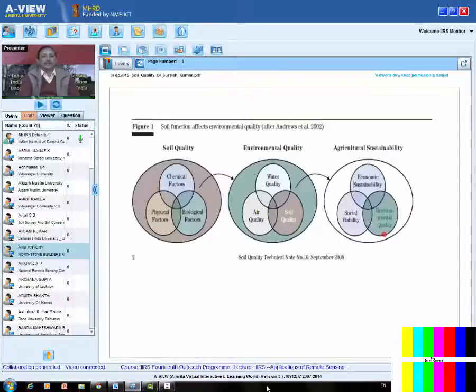As we know, nitrates go to the groundwater, or sometimes heavy pesticides we apply in the field, and heavy metals or pesticides go to our water bodies because of surface runoff or movement into the soil. So it is affecting our environmental quality. So we consider soil quality is related with our environmental quality and with our agricultural sustainability.